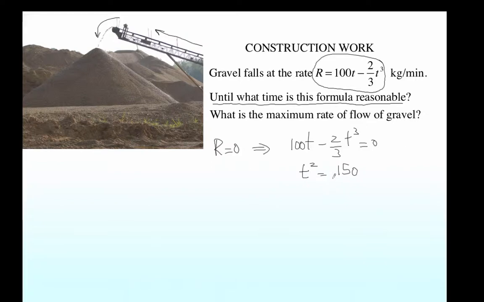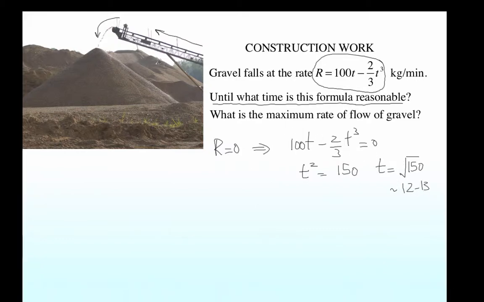In other words, it will be 150, and that means that t will be square root of 150. So that lies between 12 and 13. And so you can trust this formula reasonably well until you get to 12 or 13 minutes.